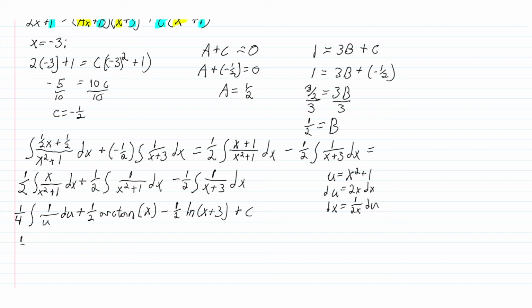So we'll have 1/4 the ln of u, but we know u is equal to x squared plus 1. So I'll go ahead and substitute that in. We'll have 1/4 the ln of x squared plus 1, plus 1/2 the arctangent of x, and minus 1/2 the ln of x plus 3, and our plus c on the end. And that's how you do that.